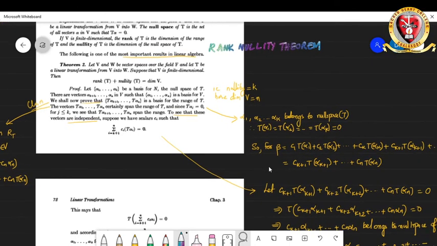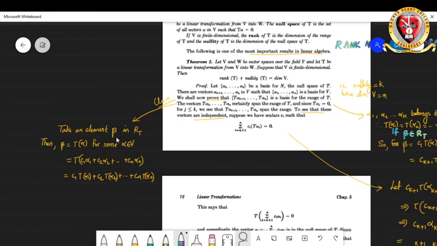So consider a beta, which is an element inside the range space. To prove that, take an element beta in the range of T, then beta is equal to some T of alpha, because it is in the range space, for some alpha belonging to V.